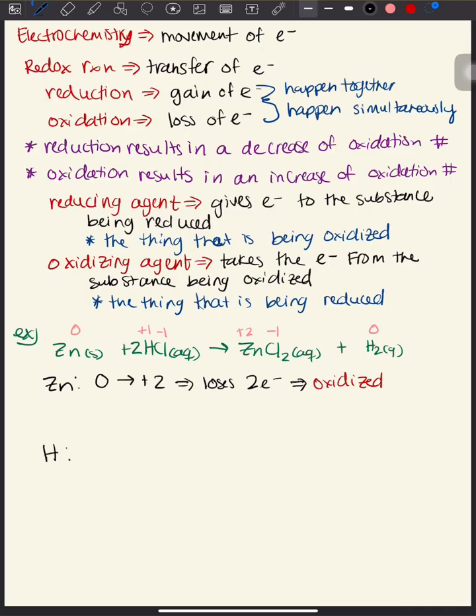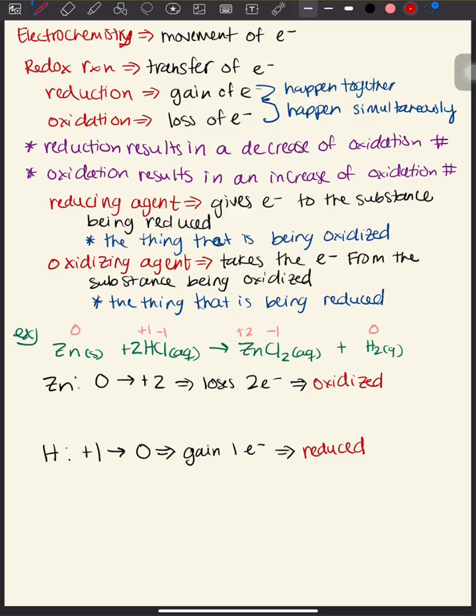Now hydrogen goes from +1 to 0. The only way for it to do that is to gain 1 electron. And since it is gaining electrons, it must be reduced. Now, you cannot have redox reactions where two things are being oxidized or two things are being reduced. If we know for certain that zinc is being oxidized, then that means hydrogen must be reduced.